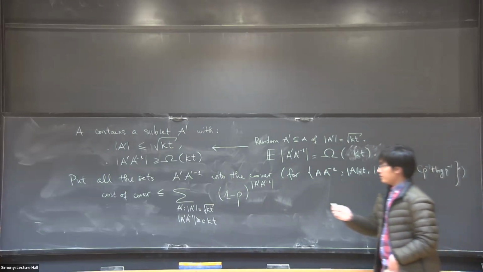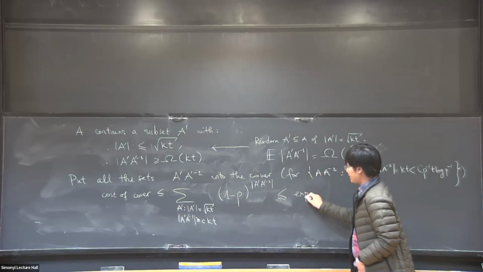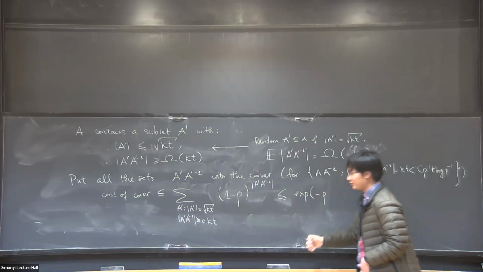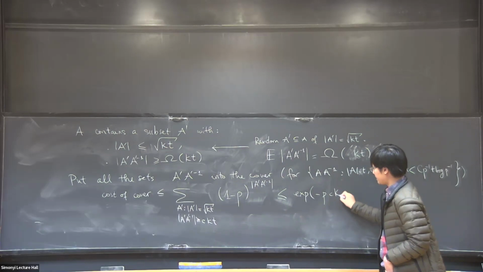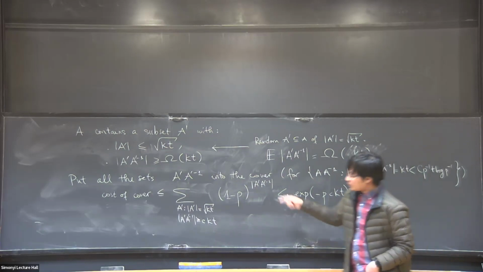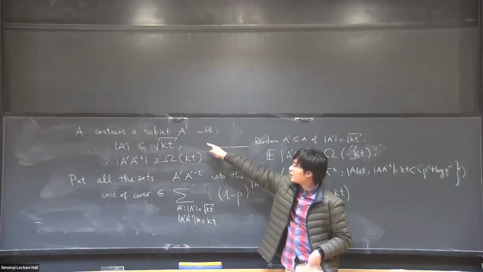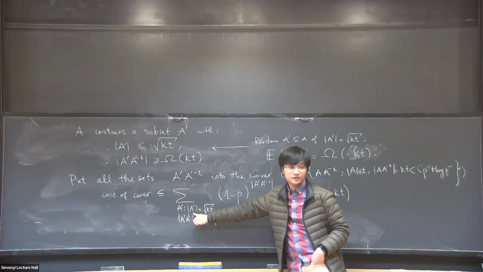So now let's bound this term. This is roughly exponential in minus P, where P is small, and here we have a lower bound of order some constant times K times T. On the other hand, what's the number of terms that we have? What we gain now from passing to A prime from the set A is that the number of terms in this summation is significantly smaller.